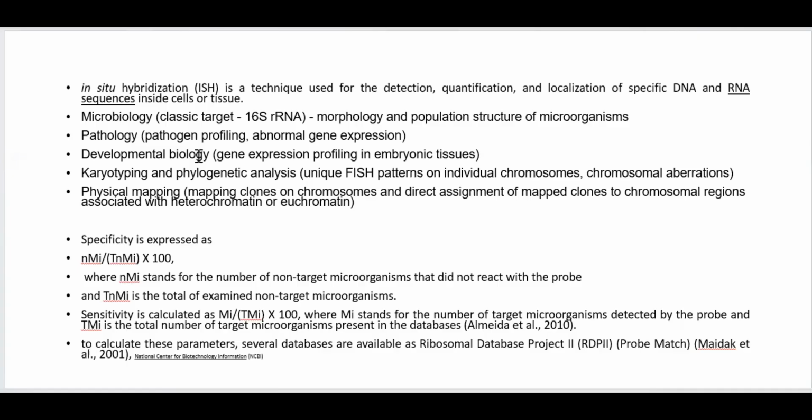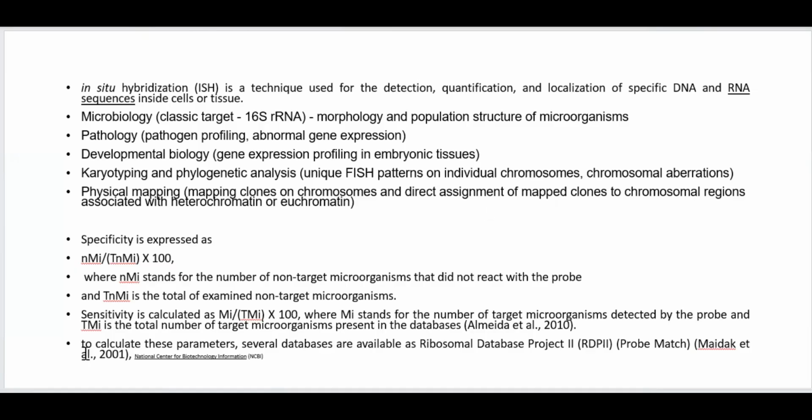It can be used in developmental biology, gene expression and profiling in the embryonic tissues or in the different developmental stages. Karyotyping and phylogenetic analysis. And the karyotyping is to do with the nucleus, right? And phylogenetic again relates to classification. So this is what you can explore with the help of the techniques, either ISH or FISH.